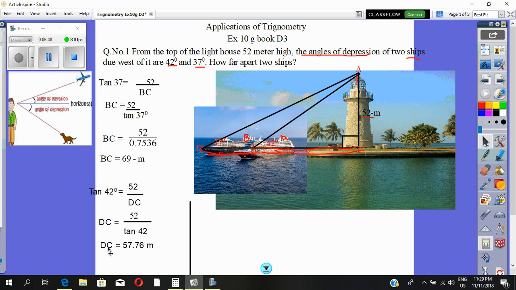When we solve it, 52 divided by tan 42, we get the answer, DC is 57.76.